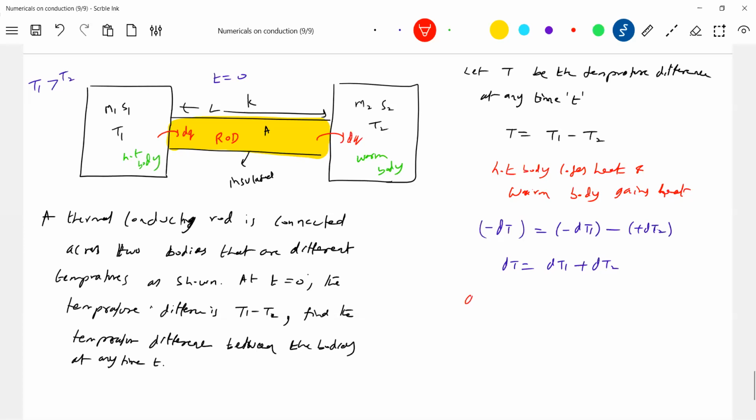Okay, I'll write it. dQ is equal to m1 s1 dT1. What you should write as a comment for this: heat transferred by the rod, heat lost by the hot body, heat gained by the warm body.